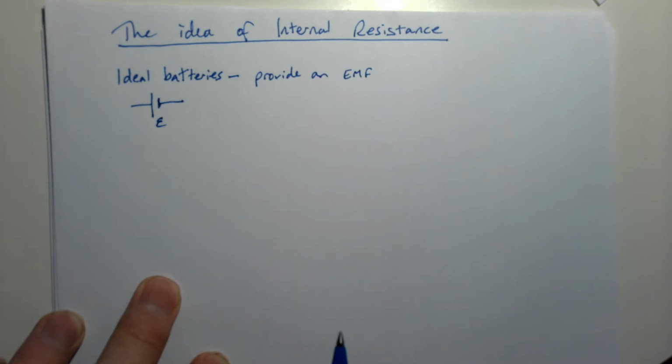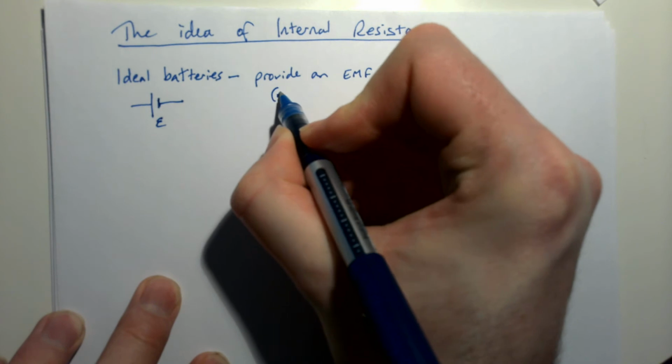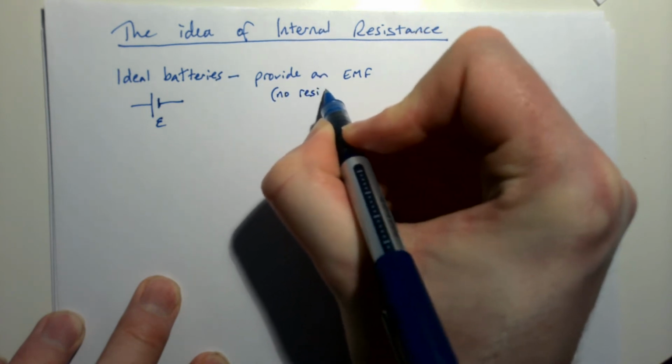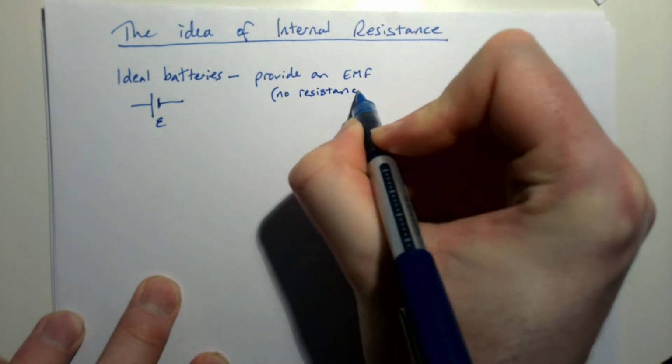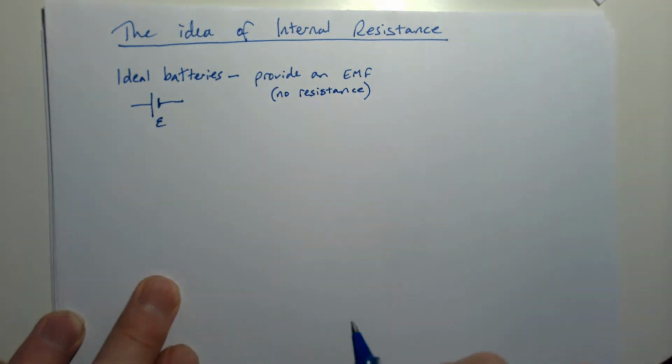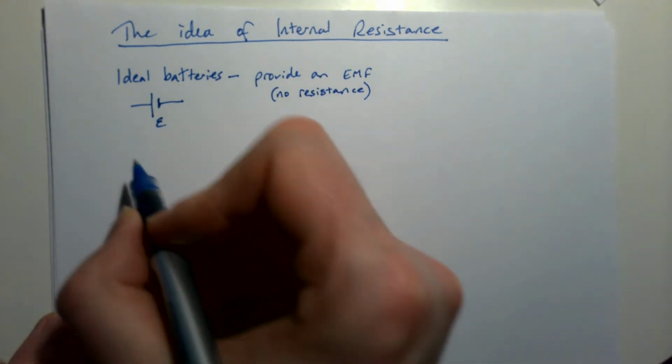And we've said that that's it. That's all batteries do. So batteries don't add any resistance into a circuit. So they provide an EMF and they have no resistance. Now in reality, batteries do have some resistance.